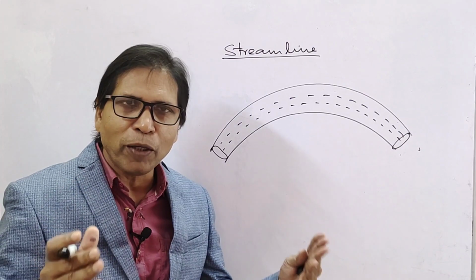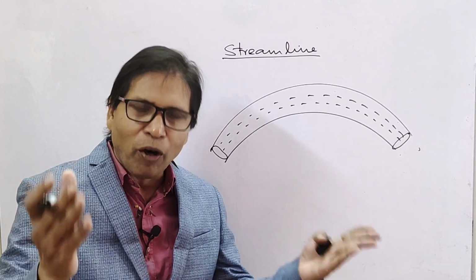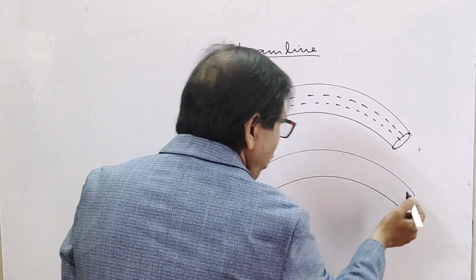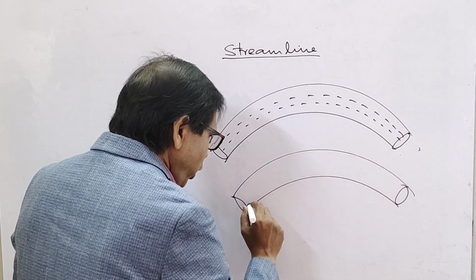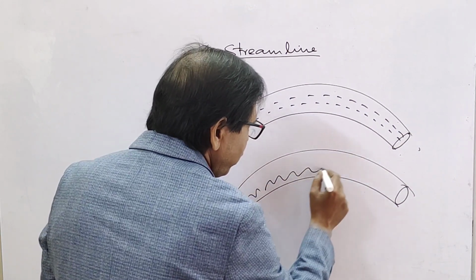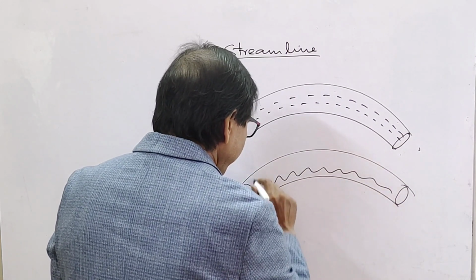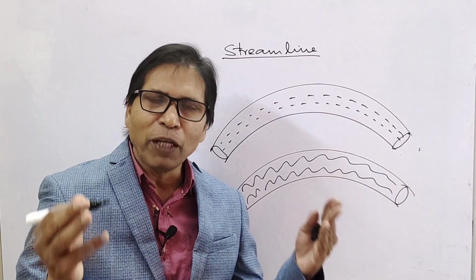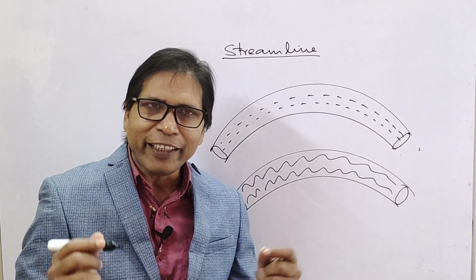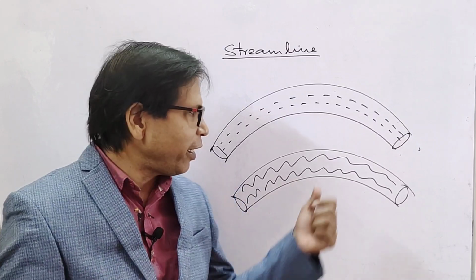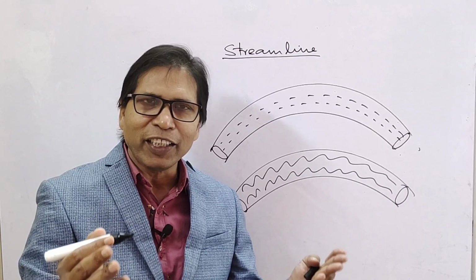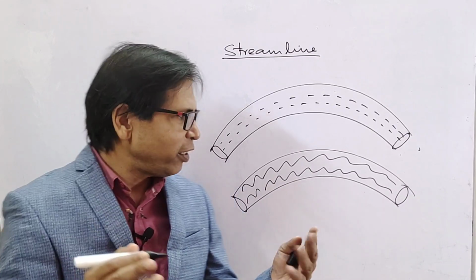When the velocity of the fluid is very small, then the motion is streamline. Now turbulent motion. When the liquid moves in such a way that the magnitude and direction of velocity of the fluid change abruptly at a given point with time, then this motion is known as turbulent motion.